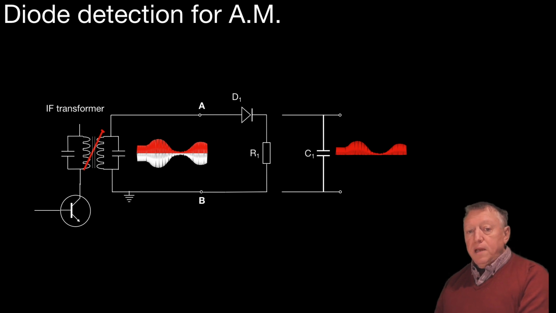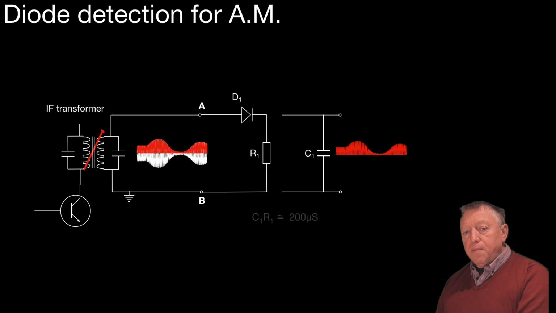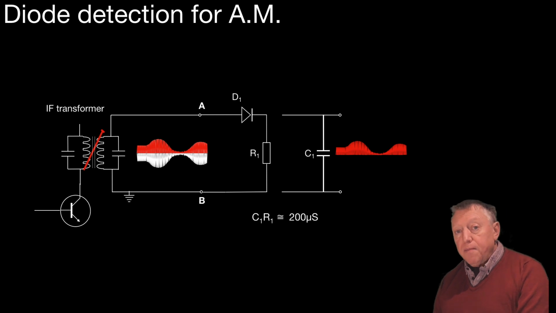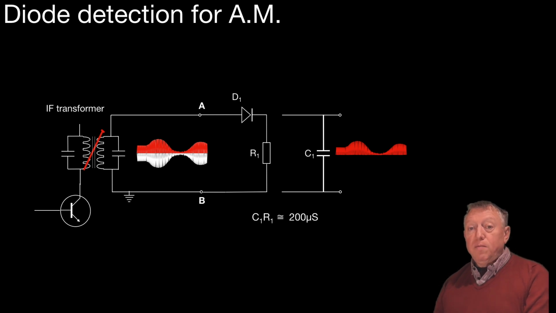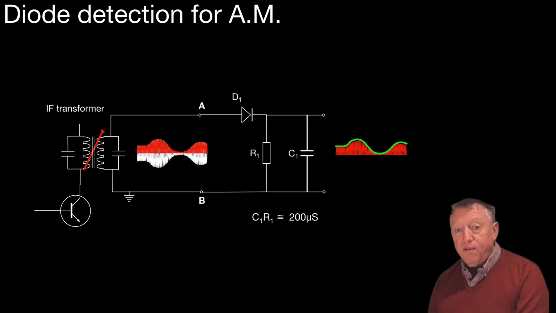And the answer is that we need a capacitor. When we connect the capacitor to the circuit, and if the CR, the time constant, is somewhere around 200 microseconds, that's the example used in the RSGB book Advance, then we will recover the envelope rather than the IF frequencies.